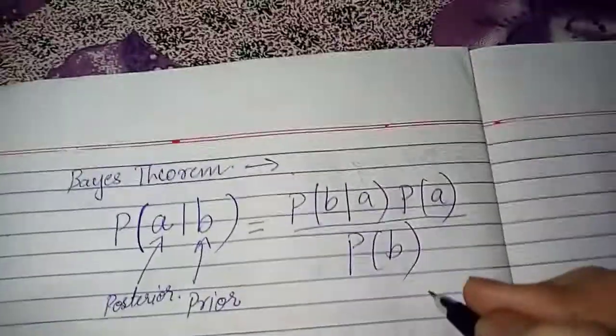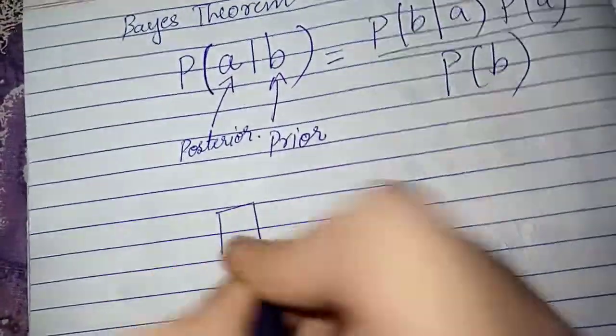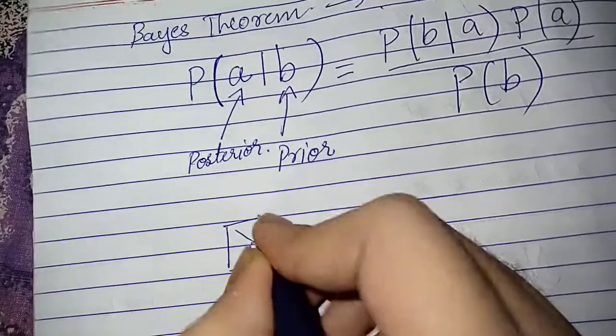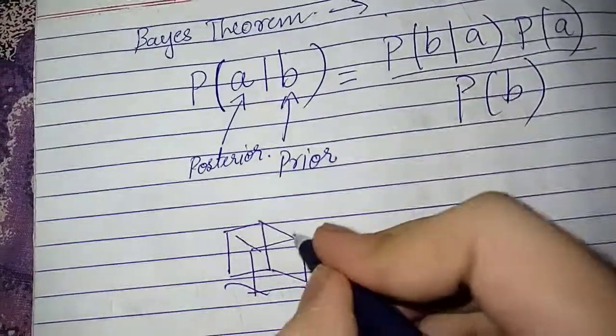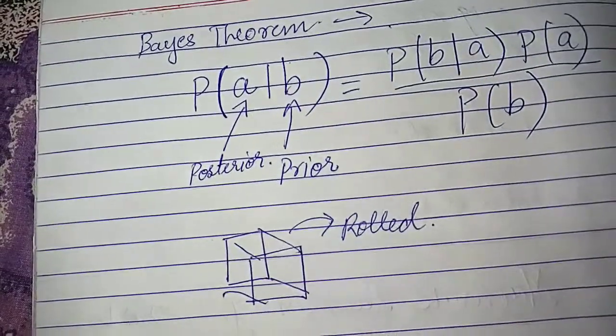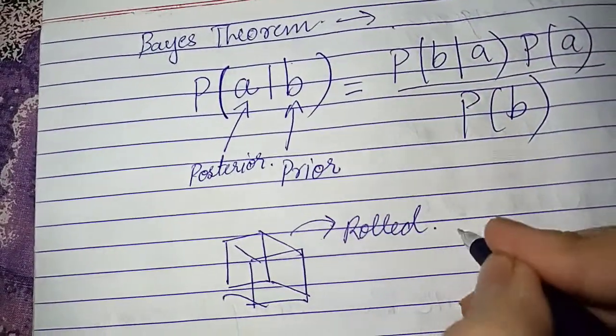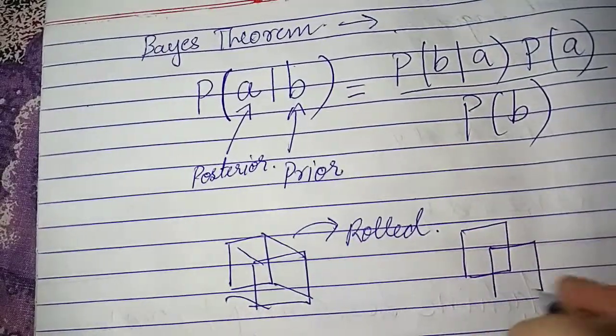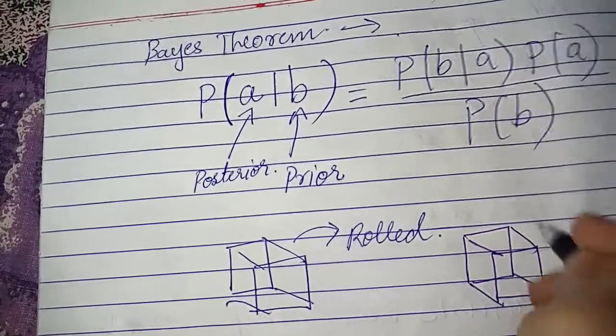So this is Bayes theorem, which means that suppose you have a 6-faced die, and this die is rolled and it's still rolling, and you have one more die, and this has stopped.